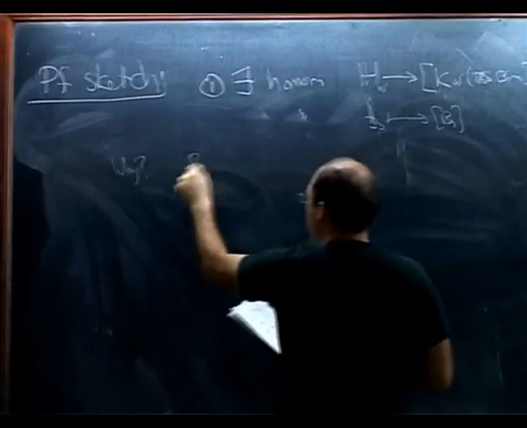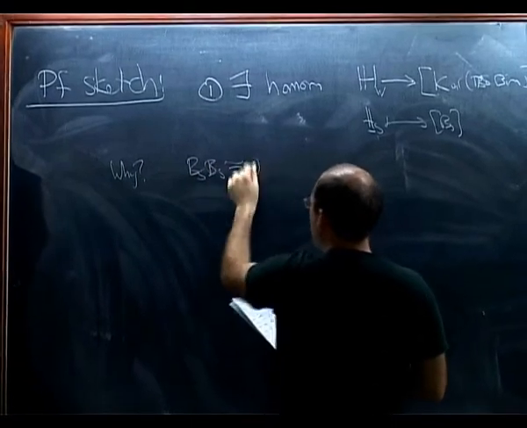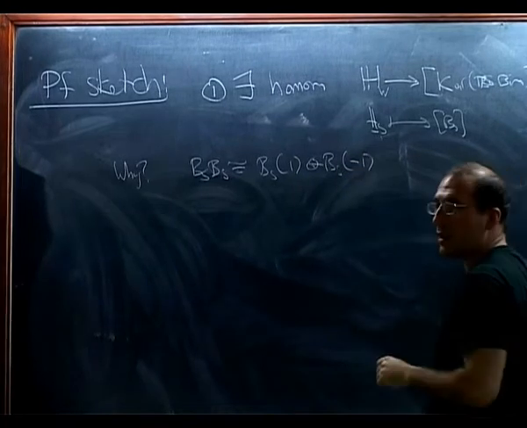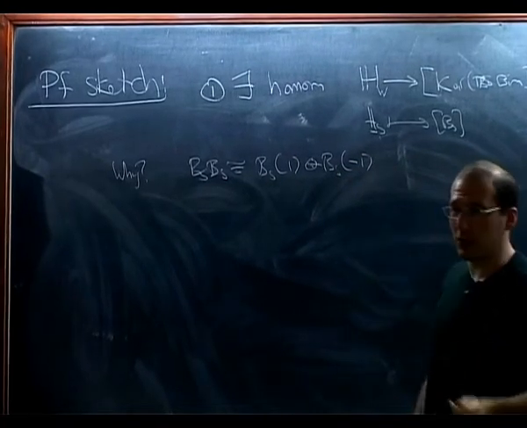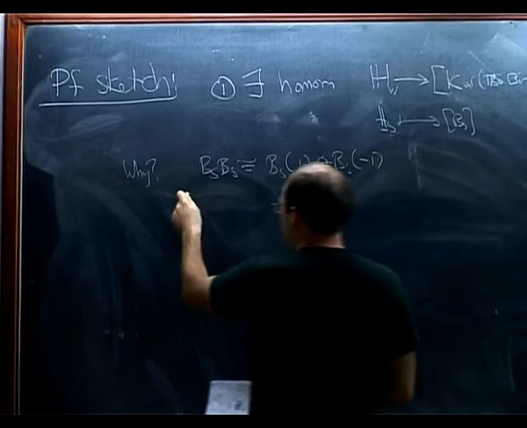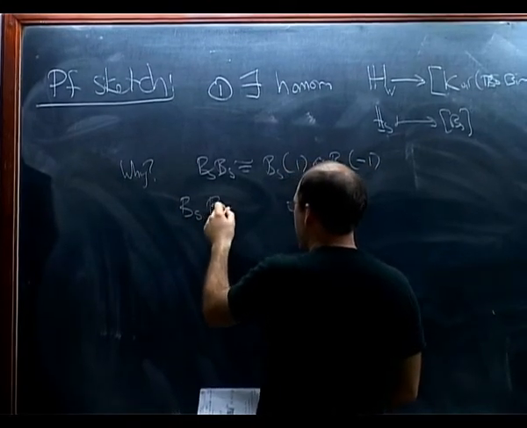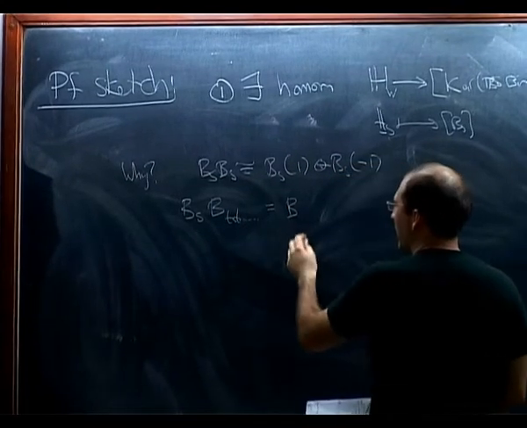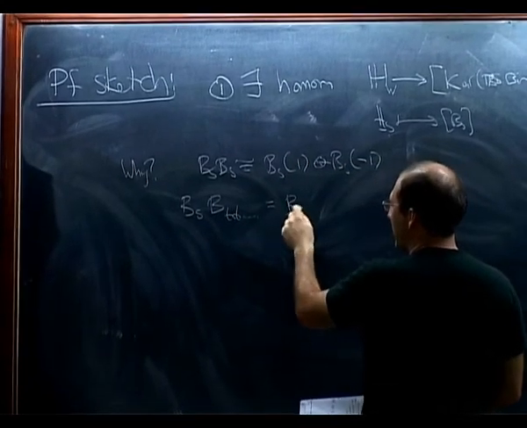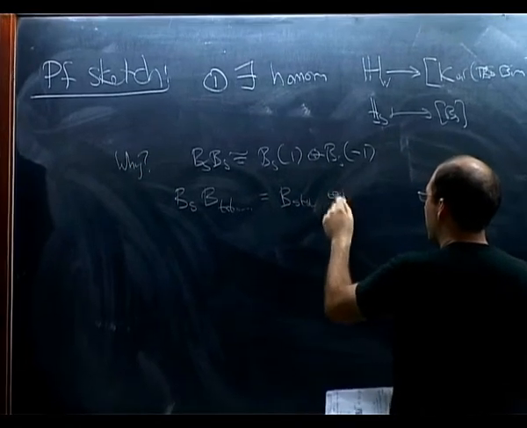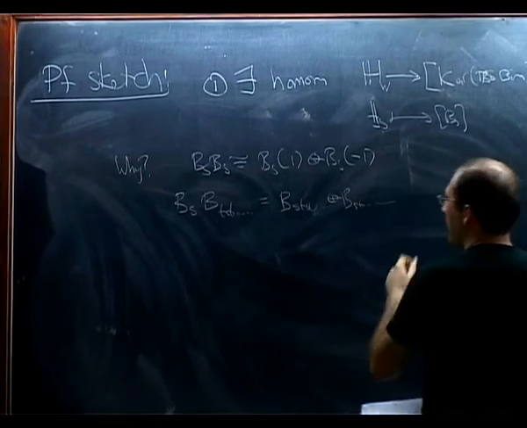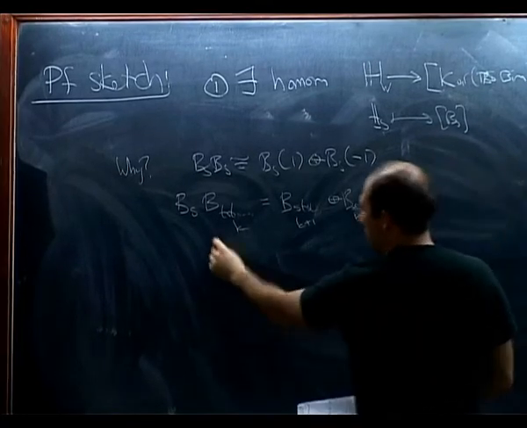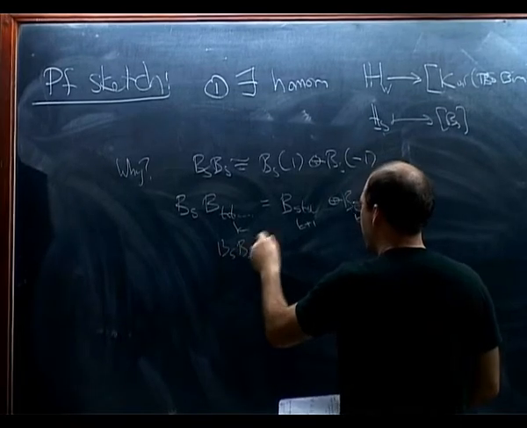Well, we've shown that B_s B_s is isomorphic to B_s(1) plus B_s(-1). So that implies that the quadratic relation holds. And we've shown the analogous statements for B_s B_t B_s, with k plus 1, k minus 1, with, I suppose, the case k equals 1 being this.